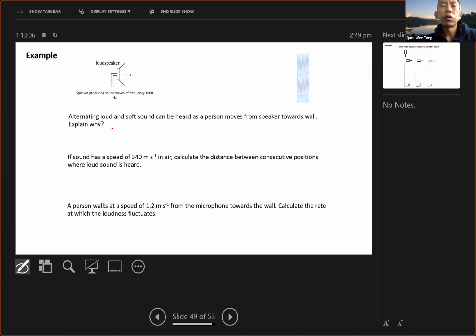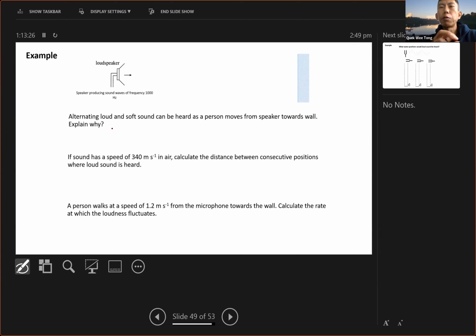Explain why so. So this is where this approach to explaining standing waves will apply. You'll always say, first, see how to form a standing wave. Must have two waves, so you say what causes the two waves.